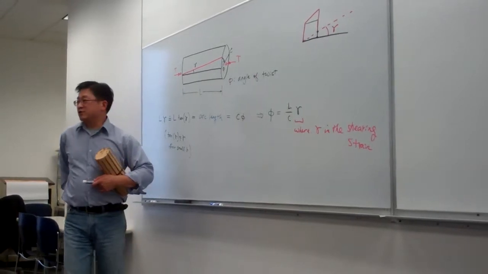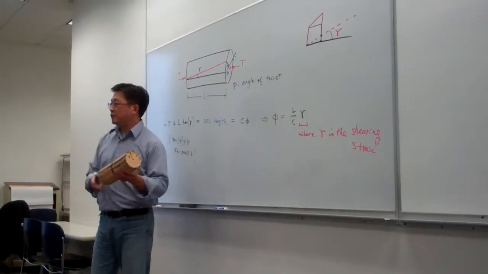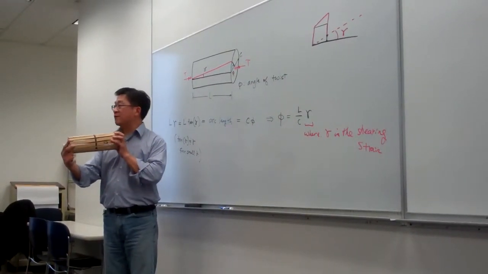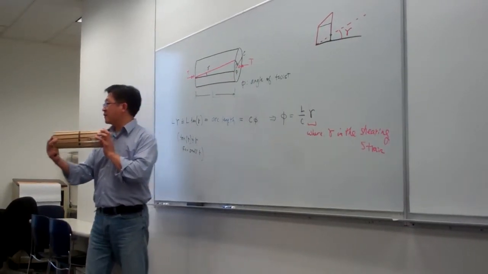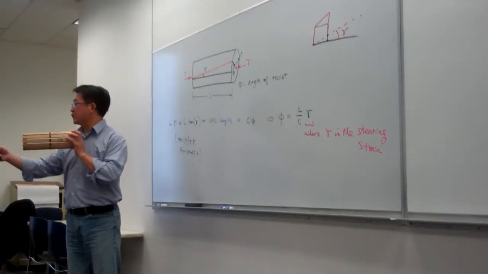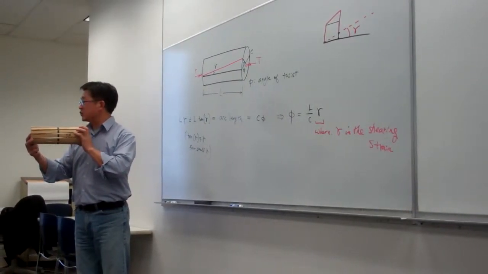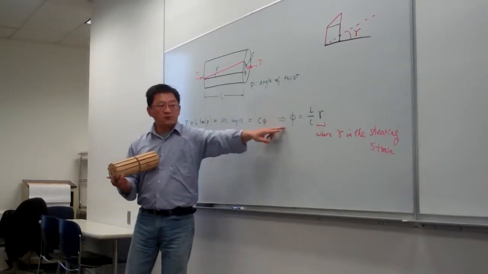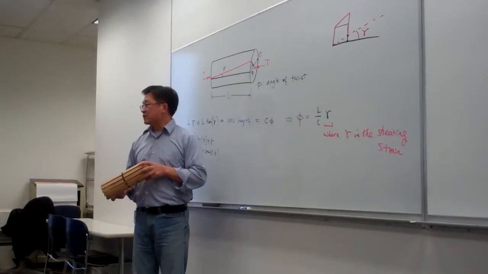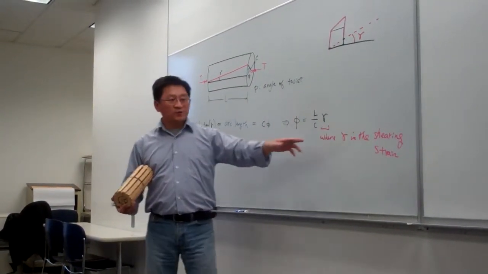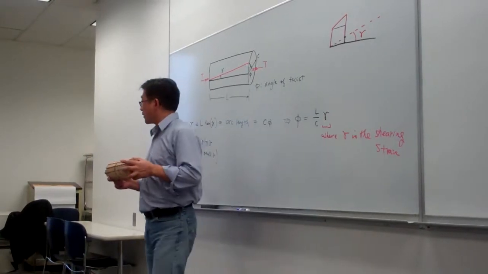So gamma is a shear strain, and we use the angle of the twist to quantify. So actually, the angle of the twist is one indirect measurement of the shear strain, and through this relation we figure out the shear strain. So we know Hooke's law, right?